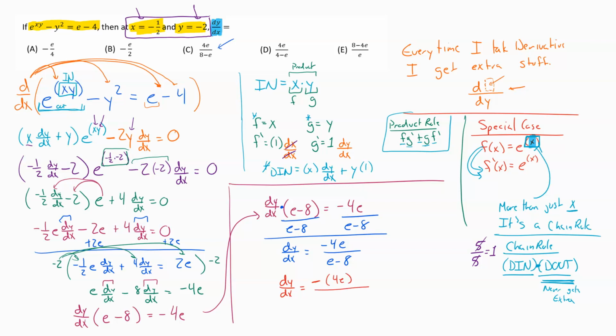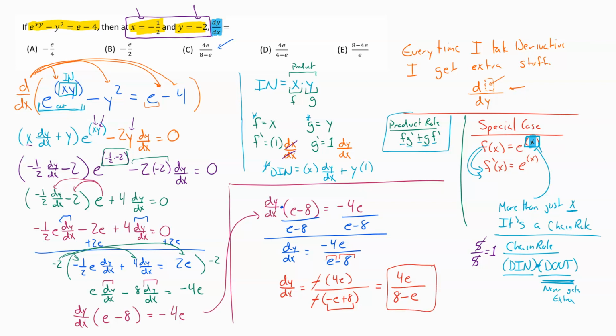And if I pull a negative out of the bottom here, that's going to leave me with negative. And then pulling a negative out of that positive would give me negative e. Pulling the negative out of there would give me plus 8. And then the negatives cancel out. And if we rewrite this, we now have 4e over 8 minus e, just rearranging those. And that would be our final answer on this one.